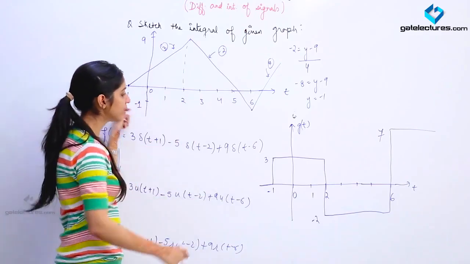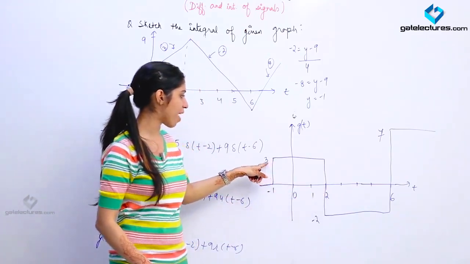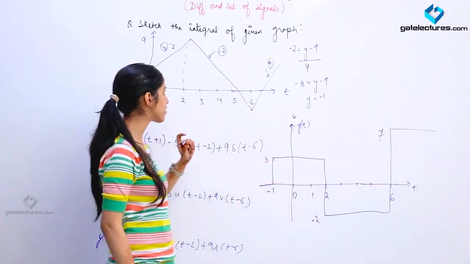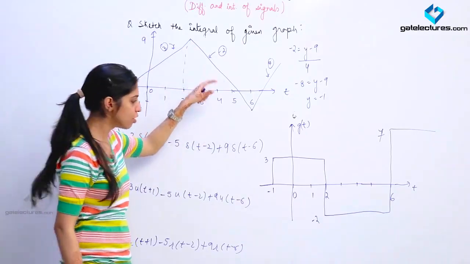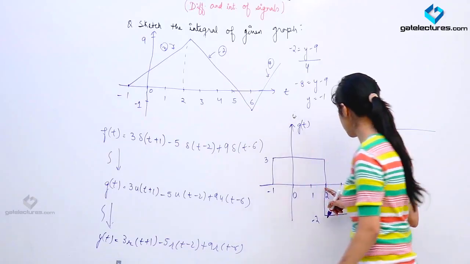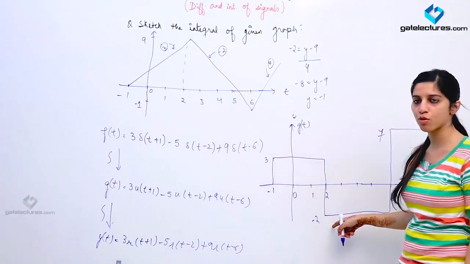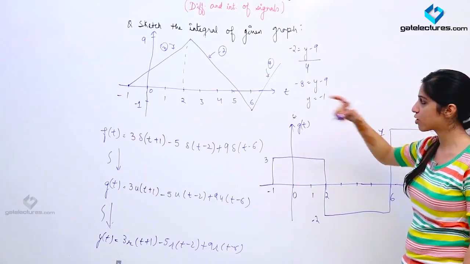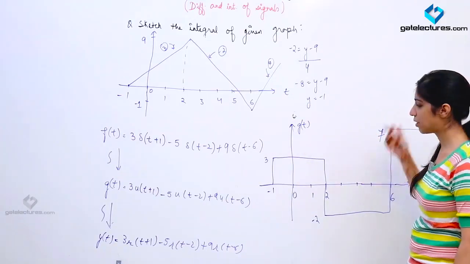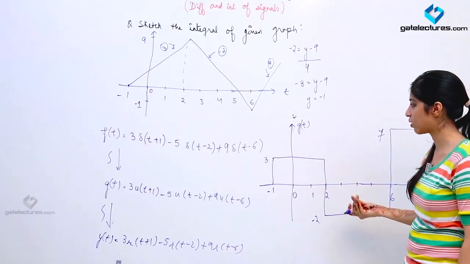When I differentiate it from -1 to 2, I am having the value of the slope only, which was 3. From 2 to 6, the value of the slope was -2. So when I differentiate this function from 2 to 6, I am going to obtain the value of the slope, which is -2, and from 6 onwards I am going to have the slope as 9. So this is how the differentiation of this function looked like, okay.